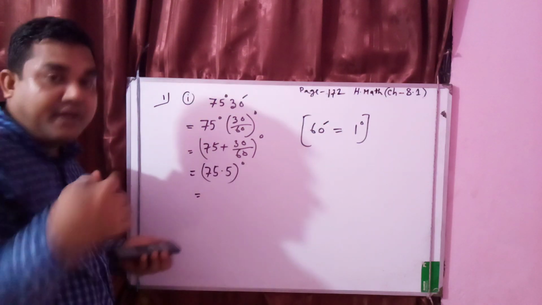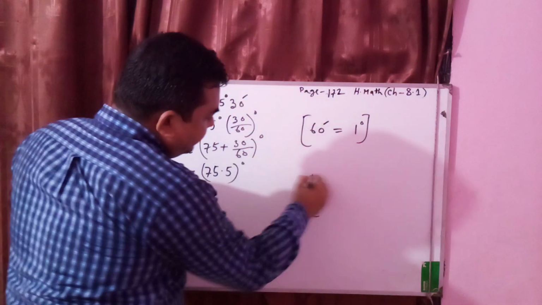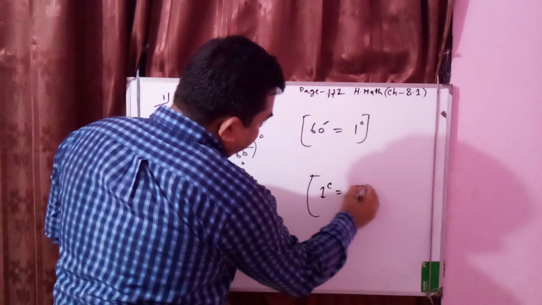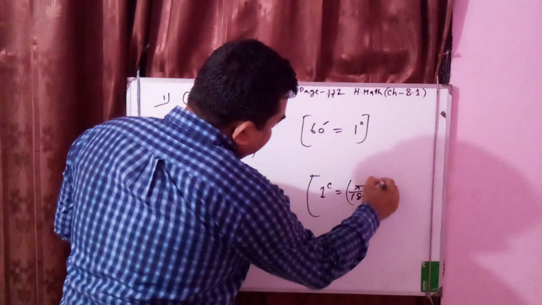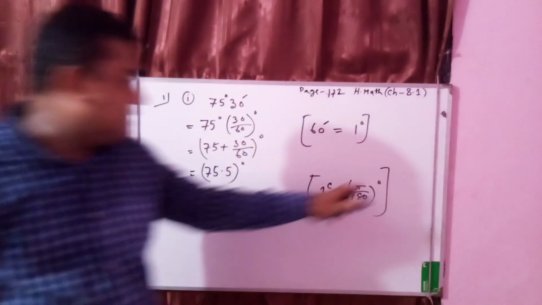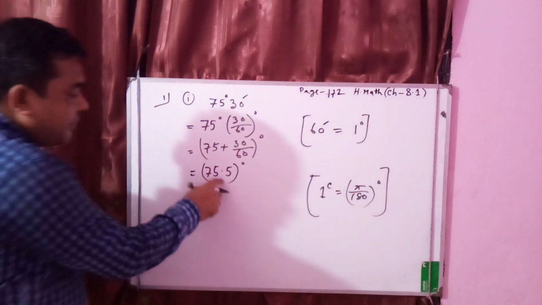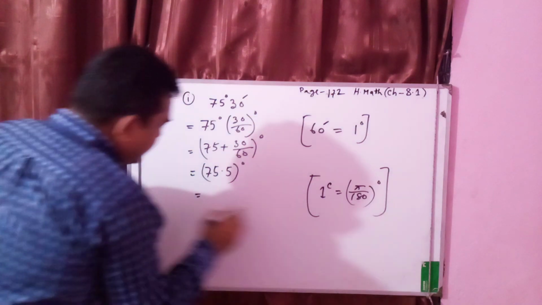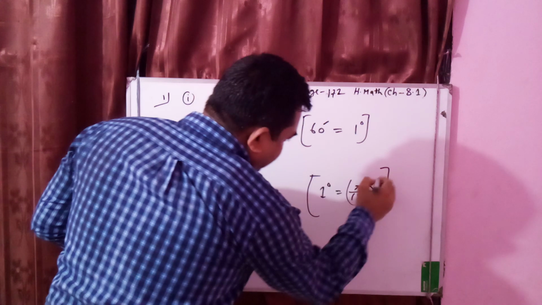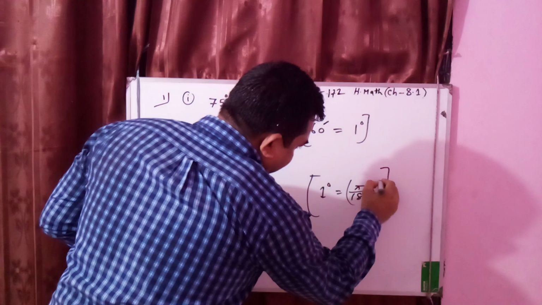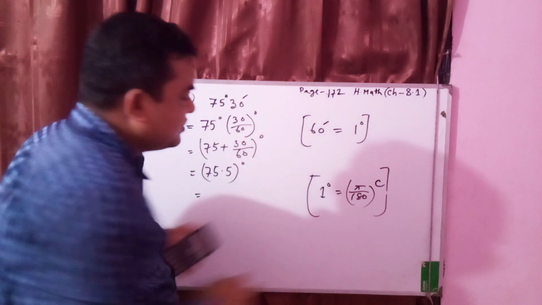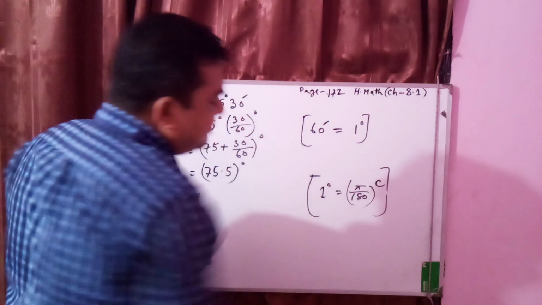Now we convert to radian. We know 1 degree equals pi by 180 radian.